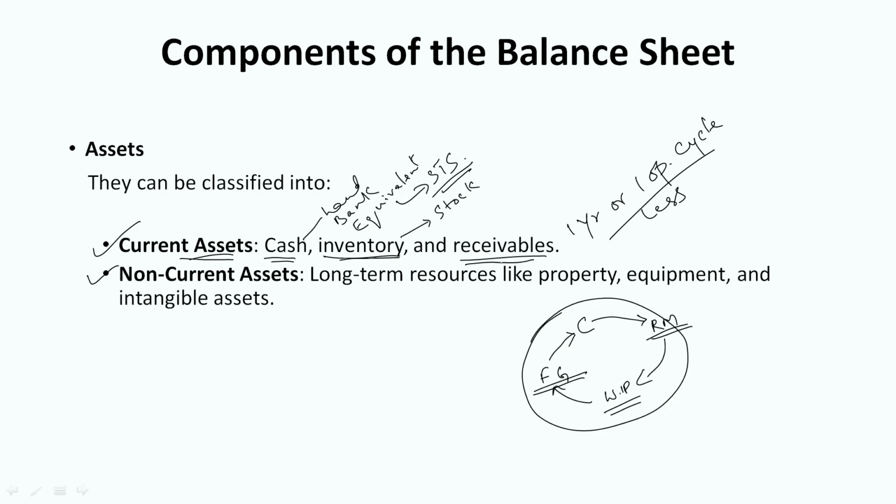And then you talk about receivables. Receivables here mean the persons to whom you have sold goods, okay, but the money is not yet received. This can be categorized into two. If I am going to take current assets, it can be categorized as sundry debtors and it can be categorized as bills receivable.